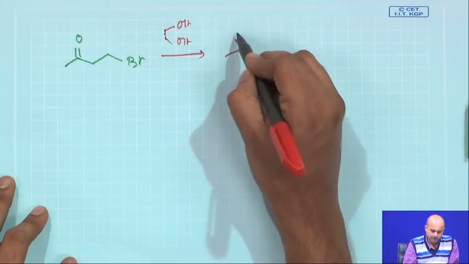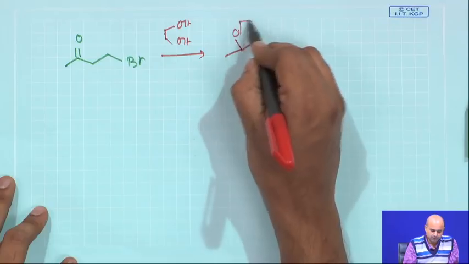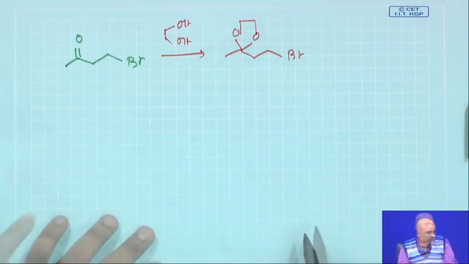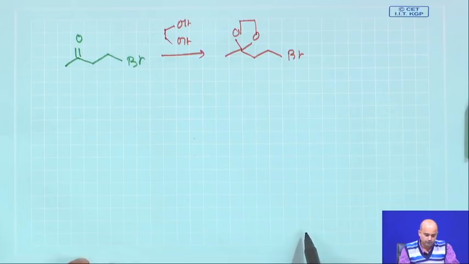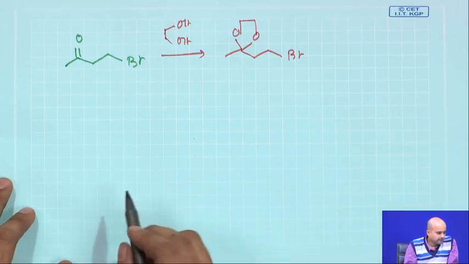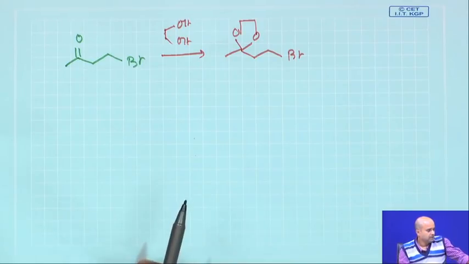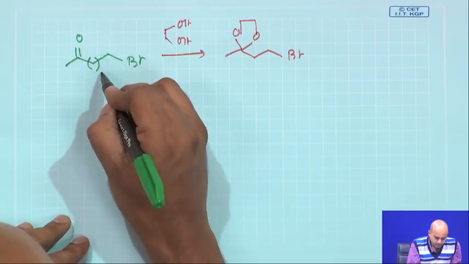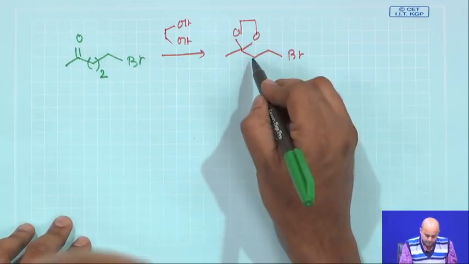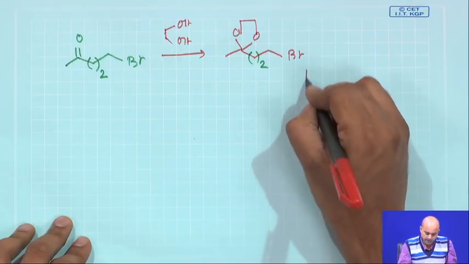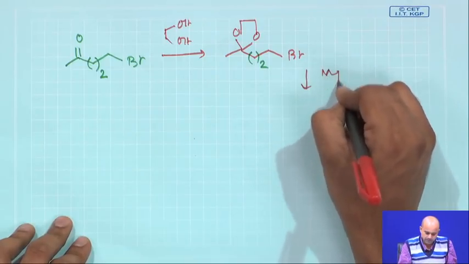So, this is the protection of the ketone, and you get CH2 Br. I think you need one carbon extra, is it not? Yes, you basically have a CH2, fine. Then you react with magnesium.